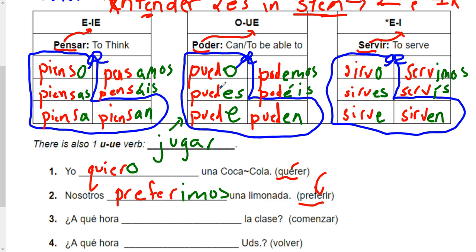A qué hora blank la clase? What time does the class start? Well, class is my subject, so comenz is my stem. It is an E to IE, okay? So far we've had E to IE for every one of them.